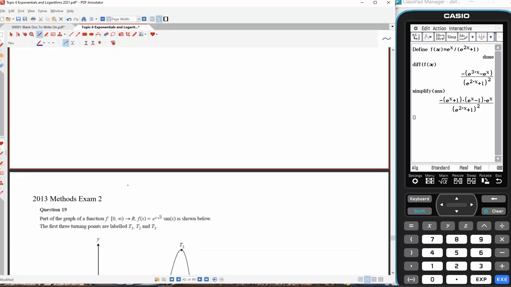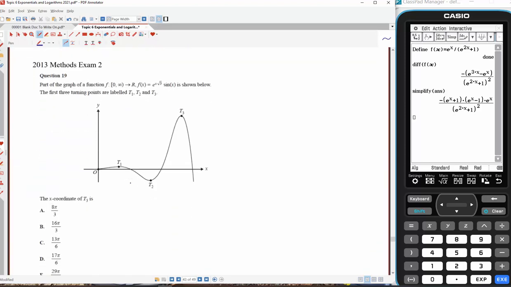Yeah, that's alright. Alright, here's another one, 2013 Methods Exam 2. Part of the graph of the function is shown. When you multiply an exponential by a trig function, what you've got to understand is what it does. The exponential e to the x is this graph here with an increasingly large value, multiplied by the standard sine graph, which looks like this.